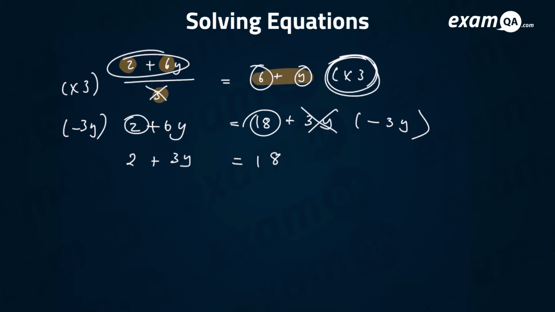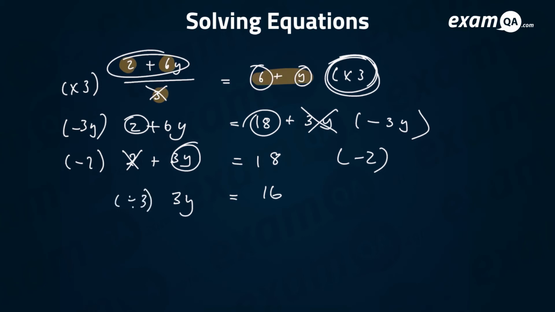What is the opposite of 2? Negative 2. I'm going to minus 2 from both sides. This is gone. I'm left with 3y equals 18 minus 2, 16. 3y equals 16. How do you get rid of the 3 in front of the y? You divide both sides by 3. So that 3 is gone. I'm left with y equals 16 divided by 3.